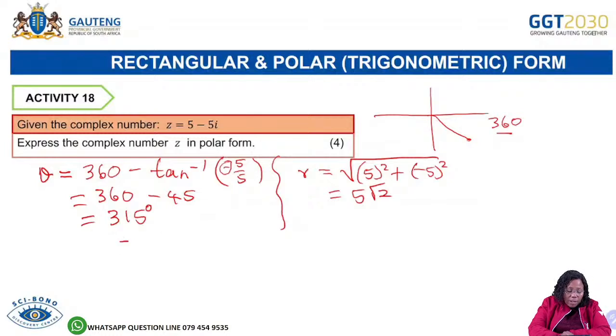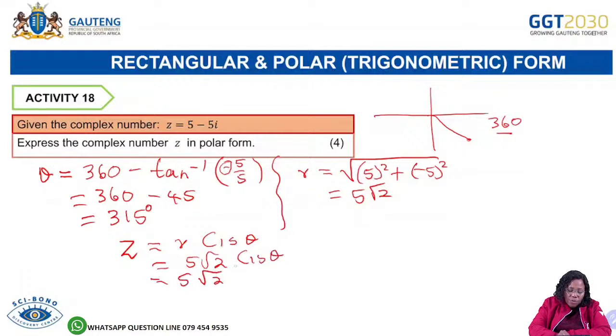And then now the polar form for this one, it will be equal to, remember now, the notation says R cis theta. What is R? 5 square root 2. The cis of theta, or you can write it as 5 square root 2 into cos 315 plus i sine 315.